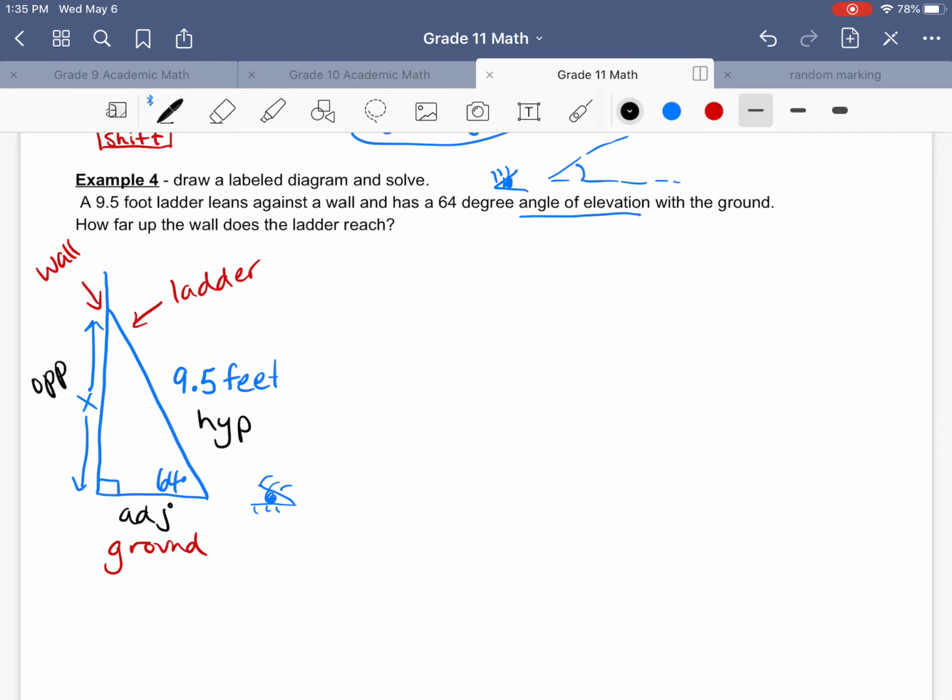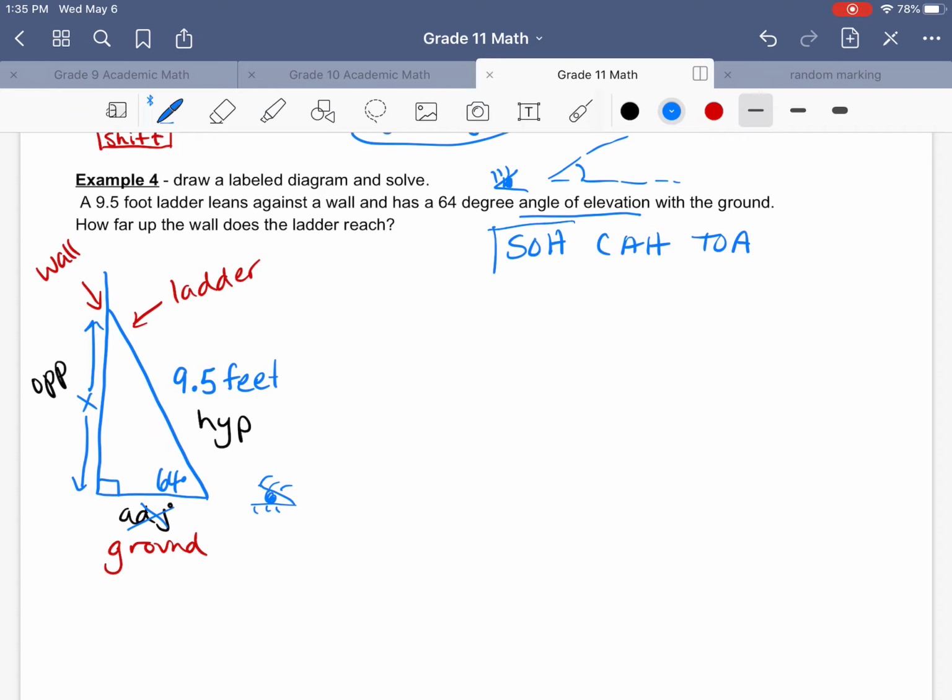We've labeled all of our sides, and now we can choose which primary trig ratio we are going to use. We are given the hypotenuse, and we're looking for the opposite. We're not looking for the adjacent, and we are not given the adjacent, so we are not going to be using the adjacent.